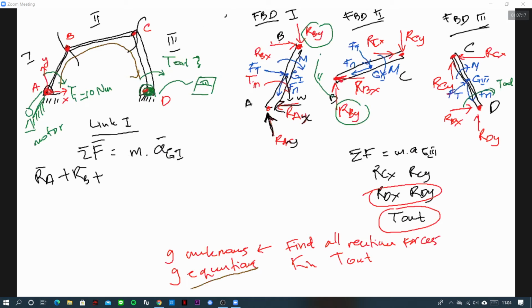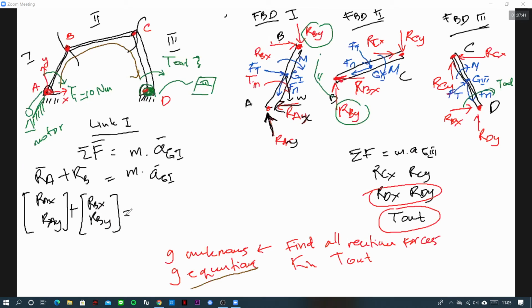No. So that's it, equal to M times AG1. So if I type it as a vector, I will put it like this: RAX, RAY, plus RBX and RBY, equal to M times A in the X direction and A in the Y direction for point G.